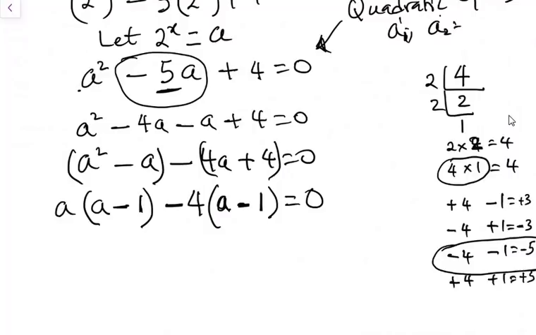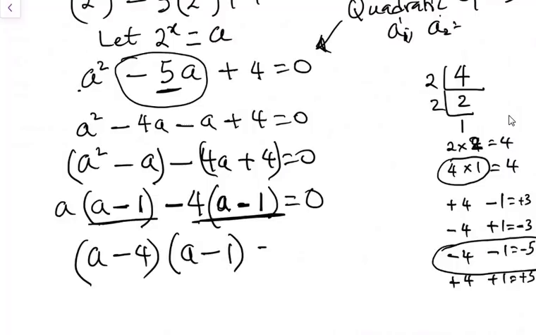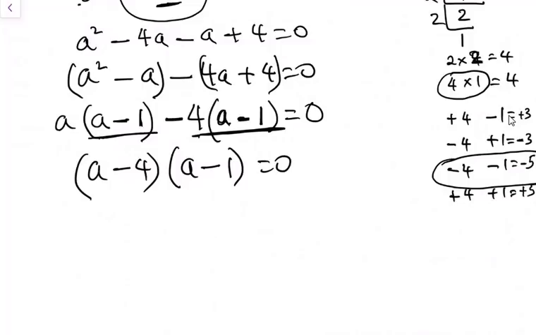As you notice, what we have in this bracket is the same thing in this bracket. That means our roots are correct. So we combine a and minus 4 into one bracket, and then we have a minus 1 equals 0. So we want to take them one at a time. We have a minus 4 equals 0, and a equals 4. That is, we add 4 to both sides just to have a.